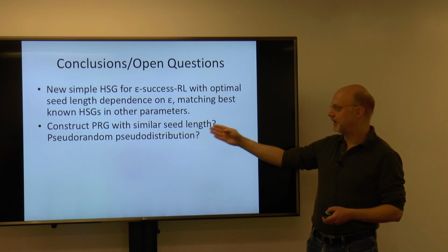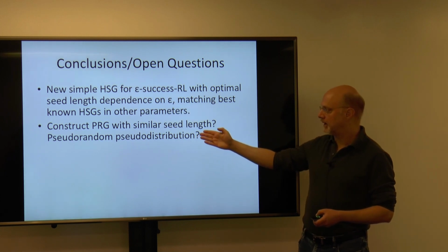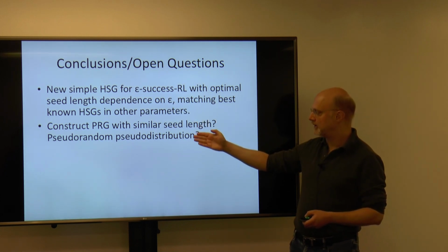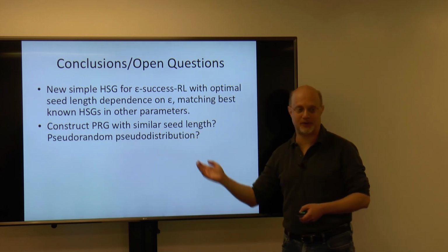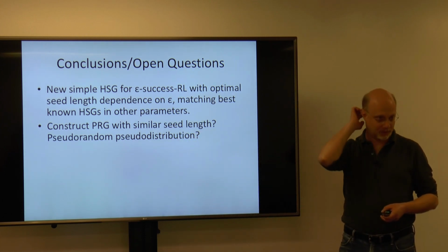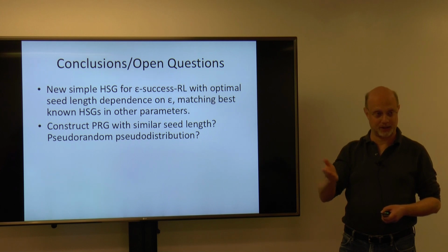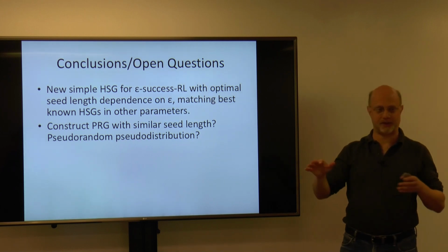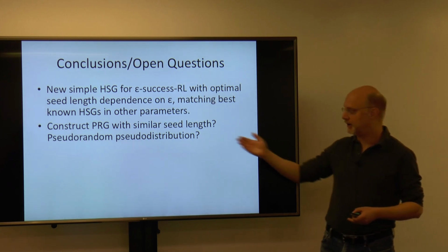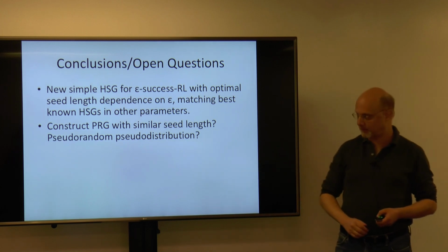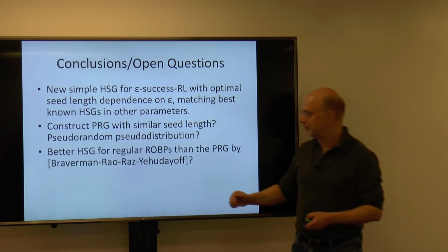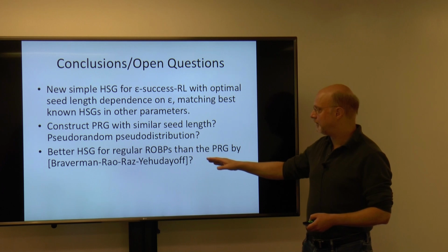Somewhat easier would be to construct a pseudorandom pseudo-distribution, which is what Mark, Gil, and Sumega did. But they lost these polylog log factors. Can we avoid losing them?